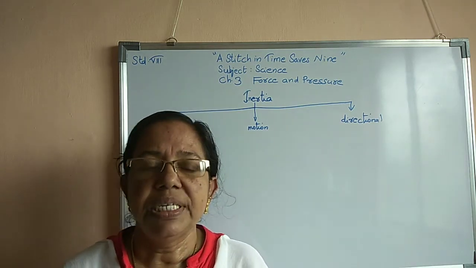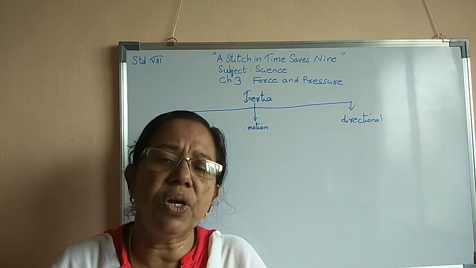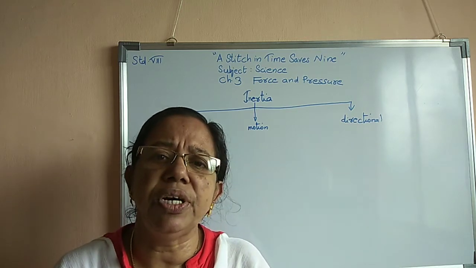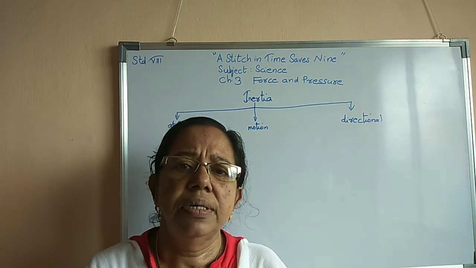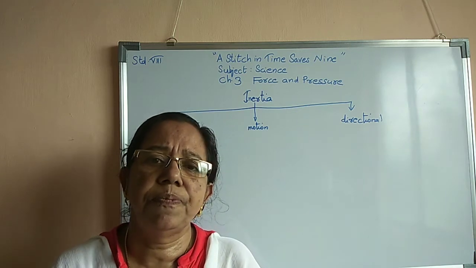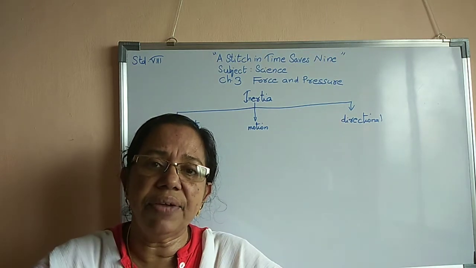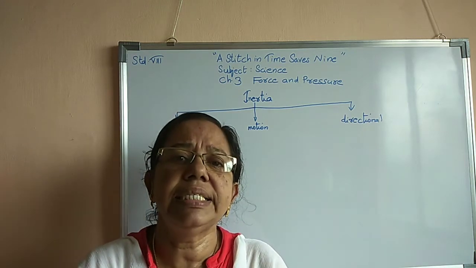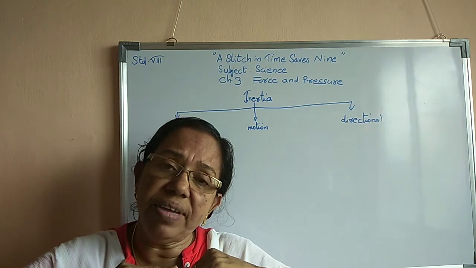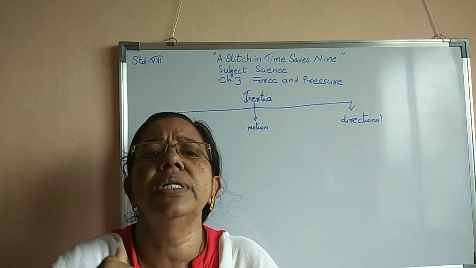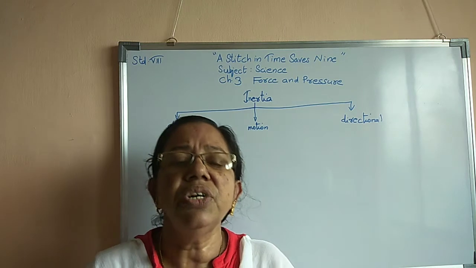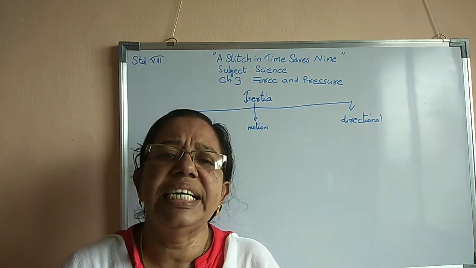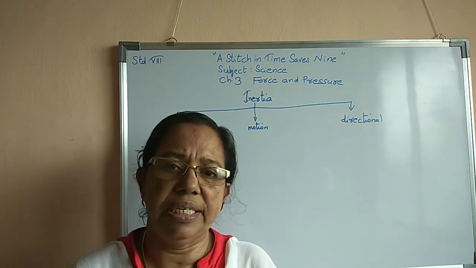For example, if a vehicle is moving through a plain road with a speed of 20 km per hour, till the driver applies a force or increases the speed, the vehicle will move with the same speed through the plain road. So we can say that this is an example of inertia at the state of motion.